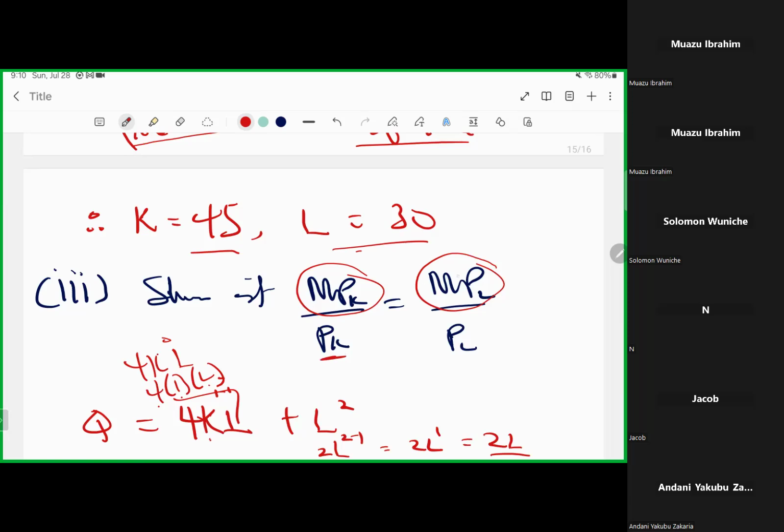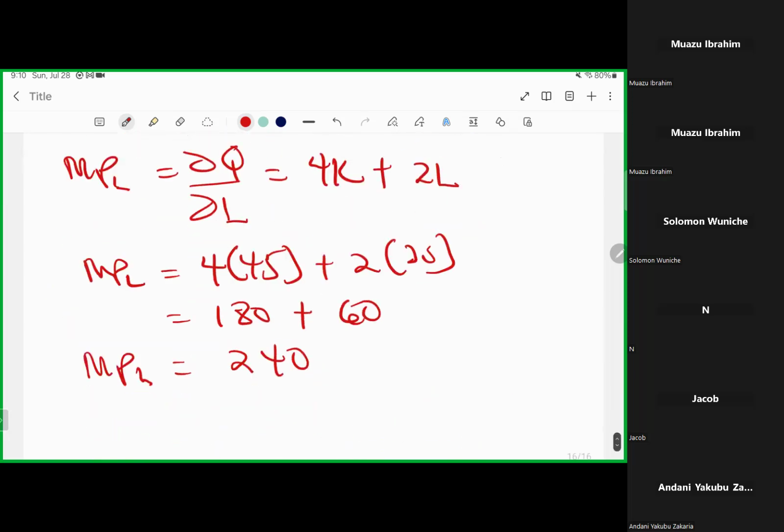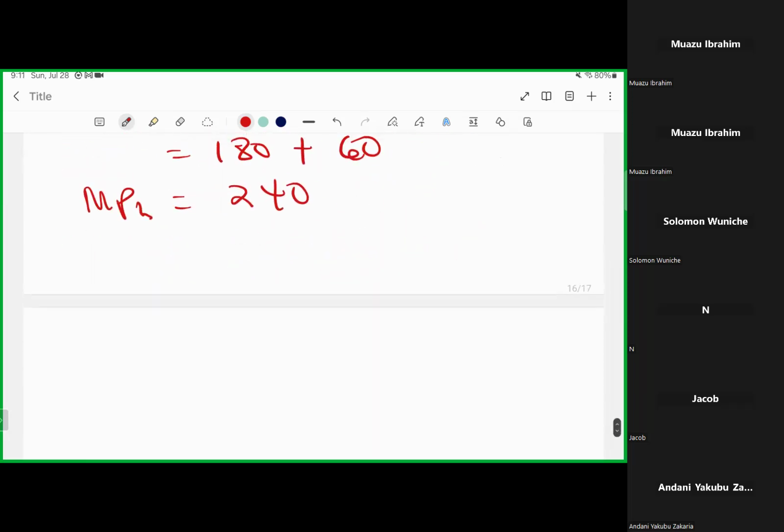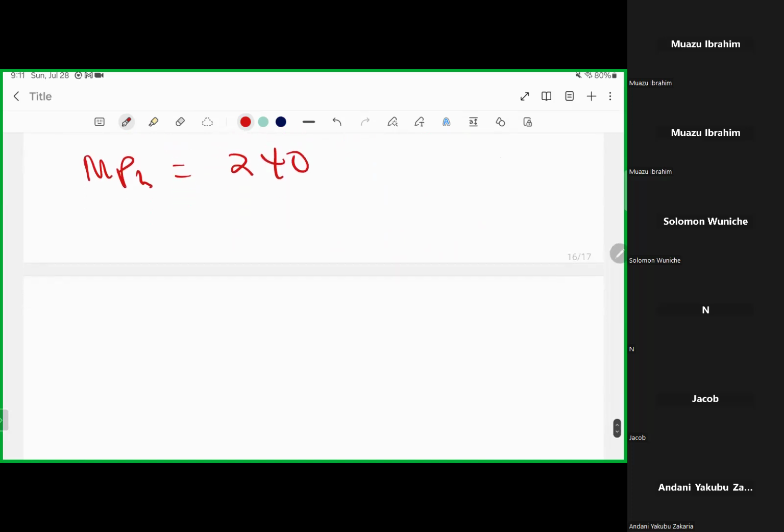But the question is saying that we should show that the marginal product of capital to price of capital is the same as the marginal product of labor to price of labor. So which means we are going to show that the marginal product of capital over price of capital is the same as the marginal product of labor to price of labor.